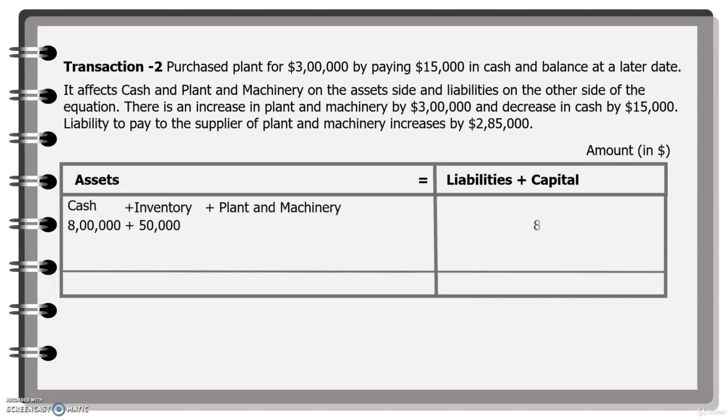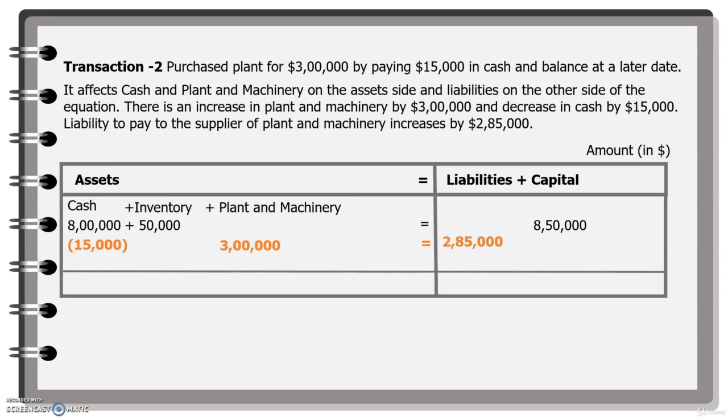This is the previous equation which we have already written. From cash we have to deduct $15,000 and add $300,000 under plant and machinery. On the right hand side there is impact only on liabilities, which is $285,000.